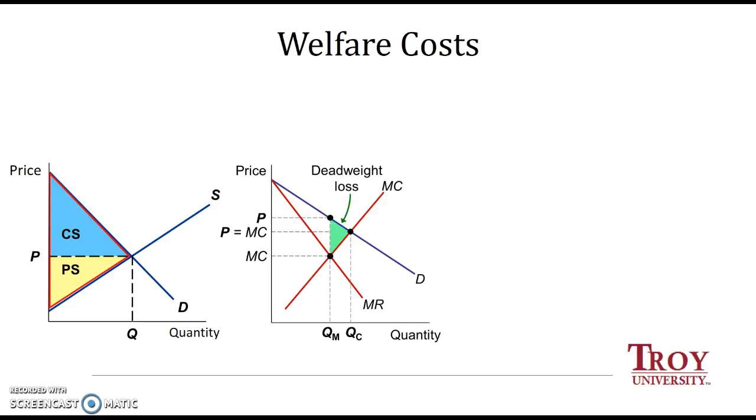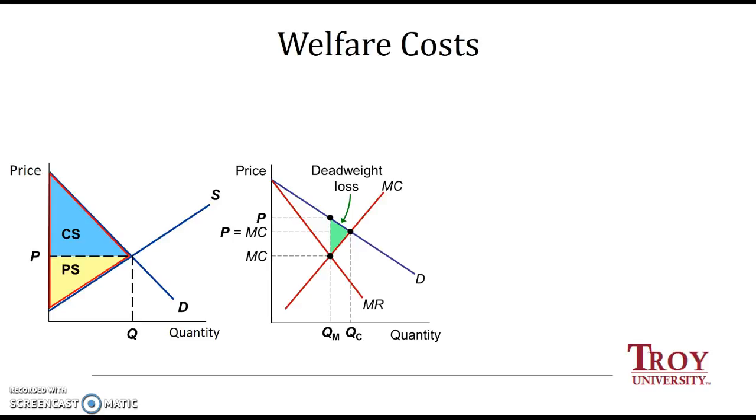Because the monopoly is no longer pricing where price equals marginal cost, it causes a loss in welfare to the market as a whole. This loss in welfare is gone from both the consumer and producer. This is essentially an inefficiency that arises due to monopoly power. Or another way to say this is a loss in efficiency due to monopoly power.